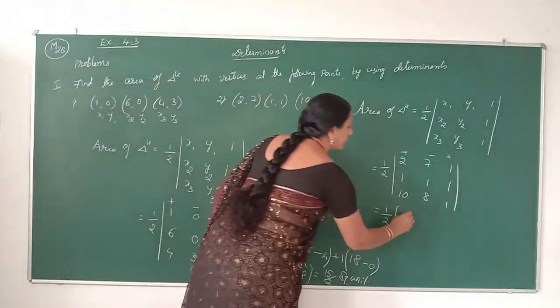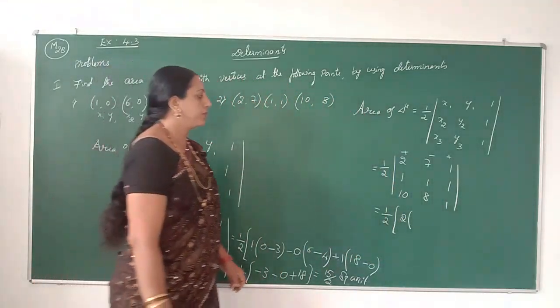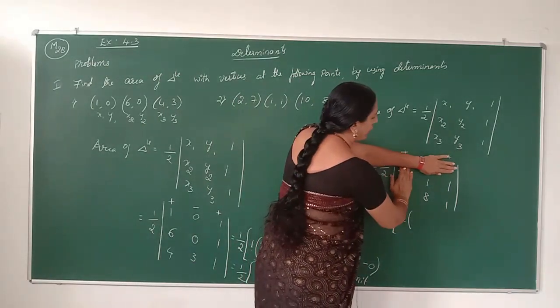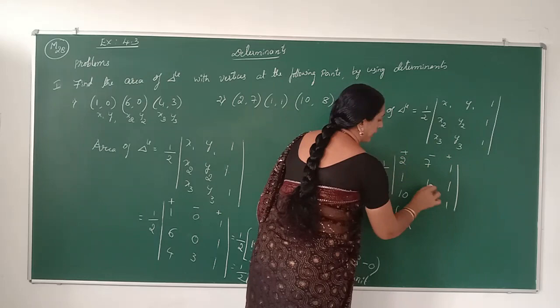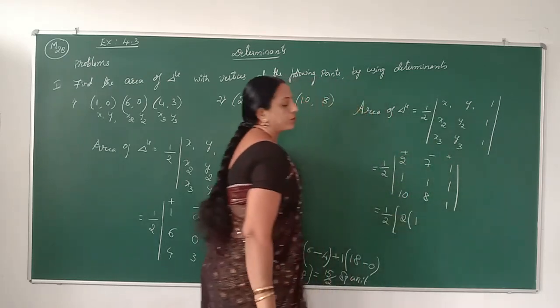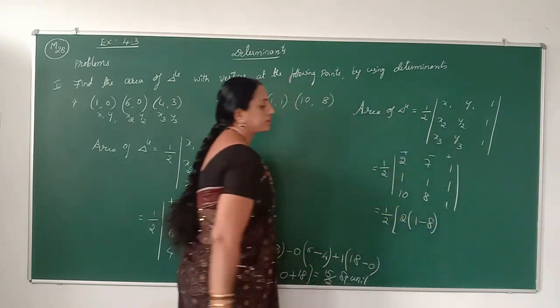Half of the first element, 2. Now 2 is an element of the first row, first column, so these elements are neglected and the remaining are cross multiplied: 1 into 1 is 1, minus 8 into 1 is 8.